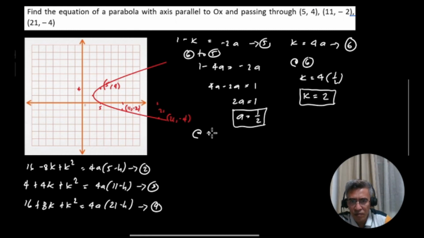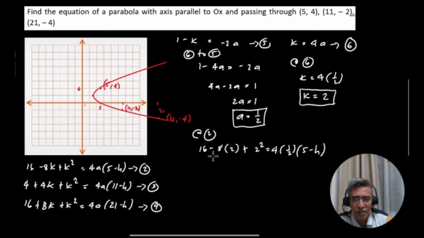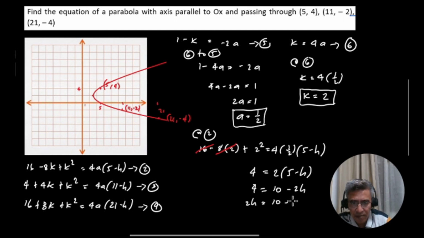At equation 2, 16 minus 8 times k, and the value for k is 2, plus k squared, or 2 squared, is equal to 4 times the value of a, that's 1 half, and 5 minus h, which is the unknown. 16 minus 8 times 2, or 16 minus 16, we cancel out 16, and the remaining value is 4. 2 times 2 is 4, and 4 times 1 half, that's 2, and 5 minus h, so 4 is equal to 2 times 5, that's 10, and 2 times negative h, that's negative 2h, or 2h is equal to 10 minus 4, or h is equal to 6 over 2, and the value for h is equal to 3.